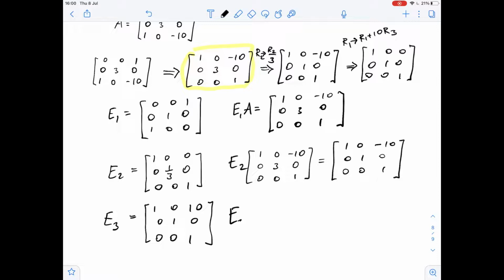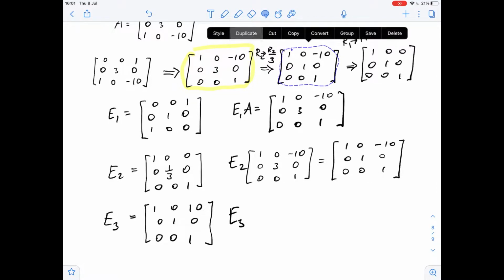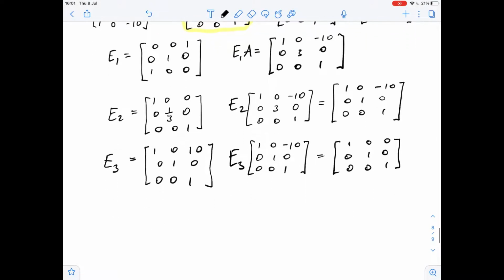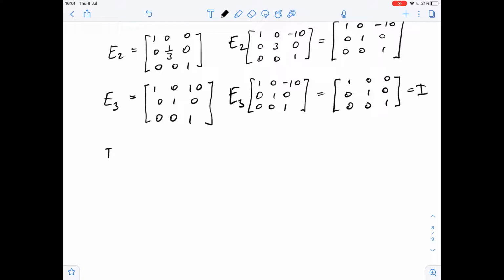And then E3 times the matrix which we got after the previous row operation equals 1, 0, 0, 0, 1, 0, 0, 0, 1. So the identity matrix.